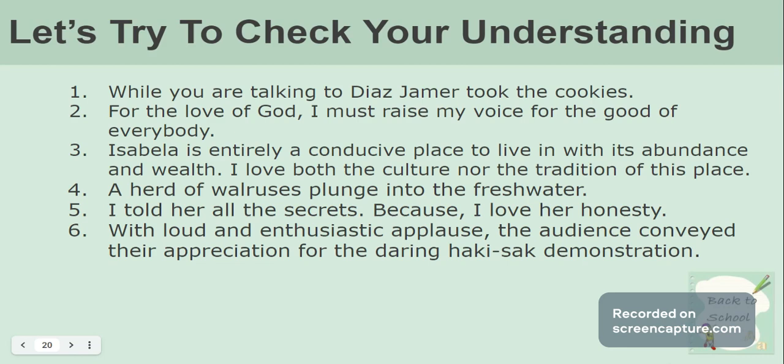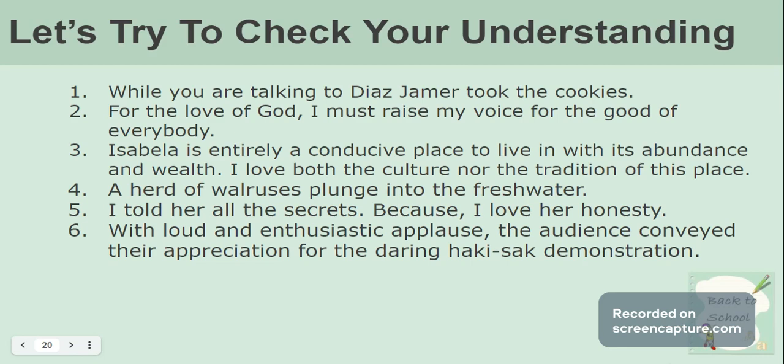If you are writing in formal writing, "for" should not be in the beginning. Why? It's a coordinating conjunction. Once again, in formal writing, coordinating conjunctions should not start a sentence. Okay? So you eliminate that or you just reshuffle so that "for the love of God" is at the end.